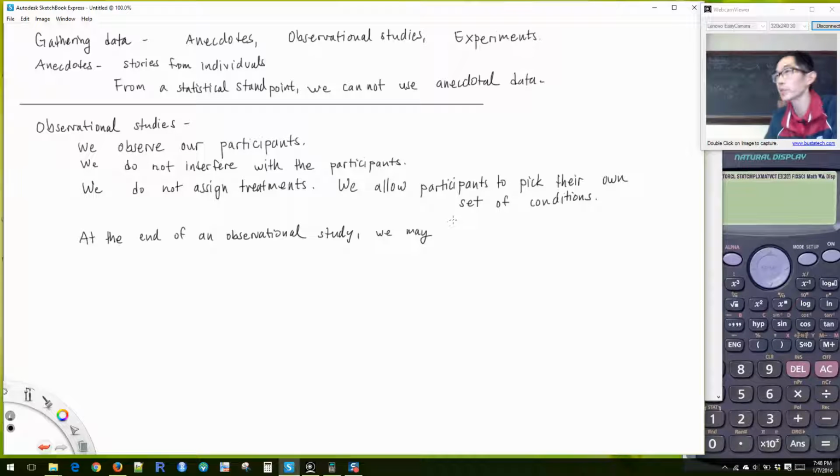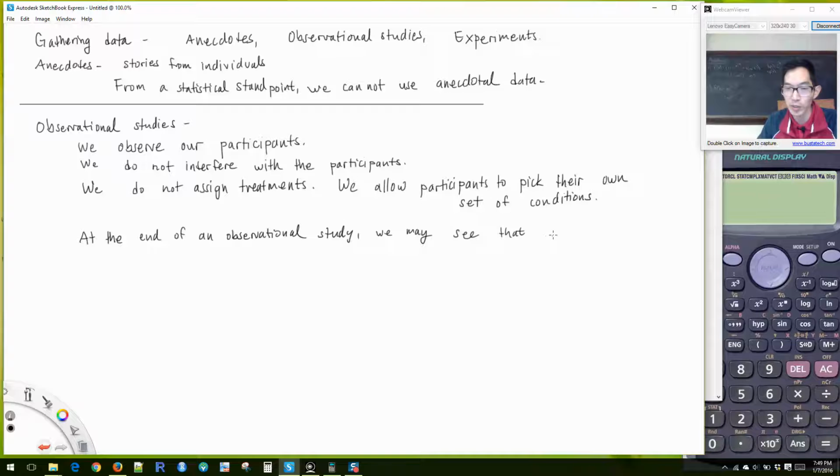we may see that one set of conditions is associated with another, okay, or that one set of outcomes is associated with a particular group or a particular set of conditions.